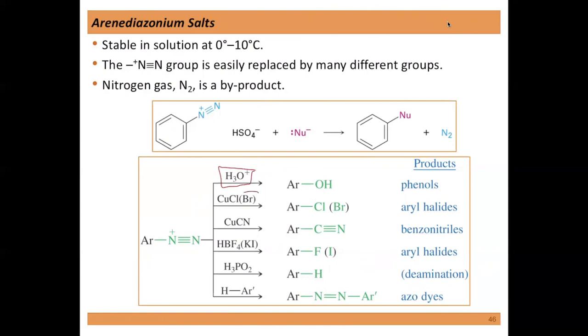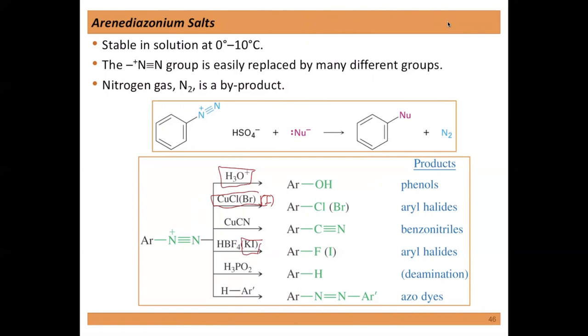We can make chlorides and bromides, and we can do that with copper. And in fact, you can also do it with iodine. With copper cyanide, you can put the nitrile on there. HBF4, we'll put a fluorine on there. And even just KI, just potassium iodide, will put an I on there as well.